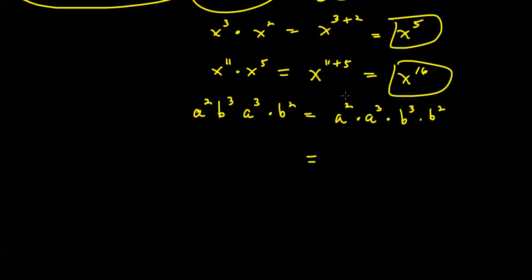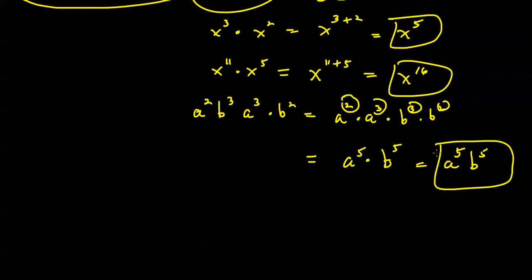And of course, I would just add these exponents. 2 plus 3 is 5, so this is equivalent to a to the 5th power times, well, b cubed times b squared is, of course, b to the 5th power also. And I think our author would write this answer most concisely as a to the 5th, b to the 5th, which of course implies a to the 5th times b to the 5th.